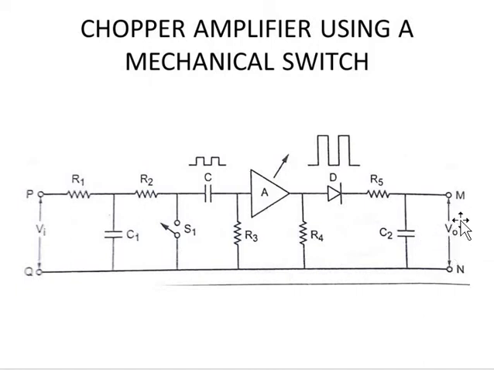The input is given to the amplifier, the operational amplifier. After this time interval, when you close the switch, this input signal is short circuited, and at that time it comes to 0. Again the switch is opened and this input is fed into the amplifier as the rated value.